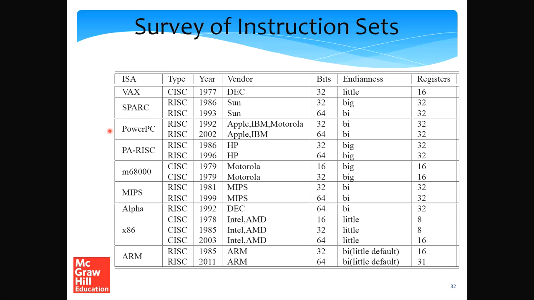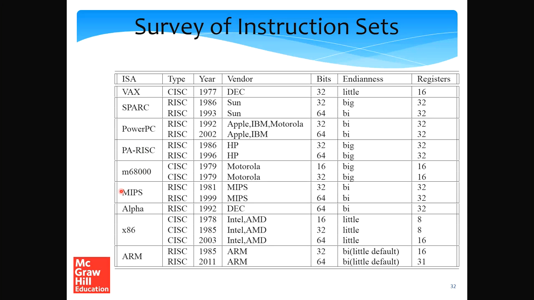Similarly, HP had its own instruction set, PA-RISC, that's still used in high-end HP servers, and Motorola had its M68K or M68000 instruction set that was being used in Motorola processors. Now, of course, they are not in the processor business anymore.